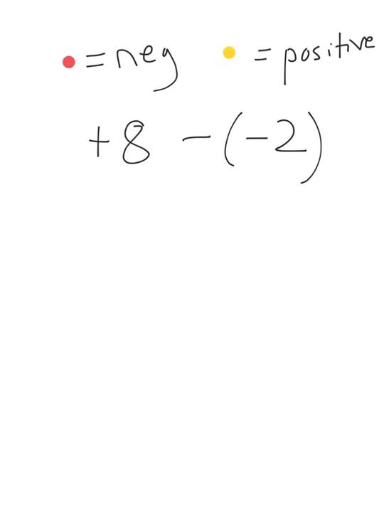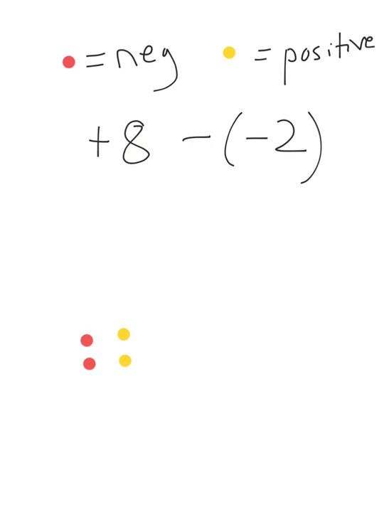I think we agreed that a zero pair equals 0. So it doesn't change the value of positive 8 if I add some zero pairs over here. So I'm going to put a zero pair here and a zero pair here. Essentially, these cancel themselves out. So this side is still positive 8.